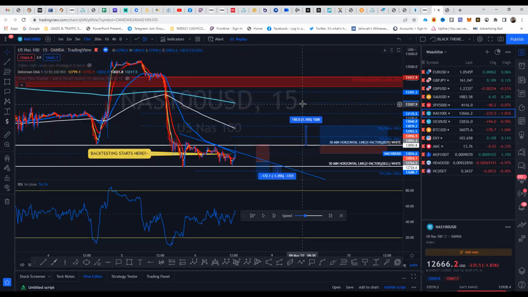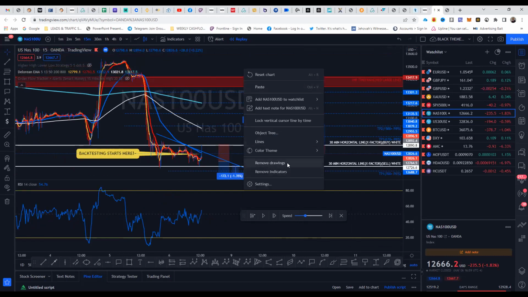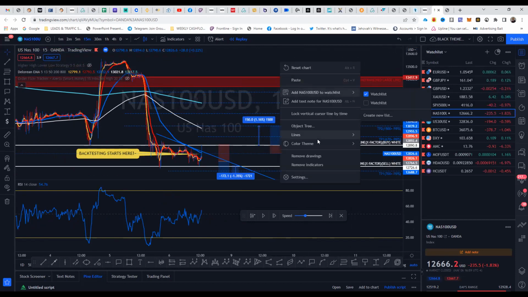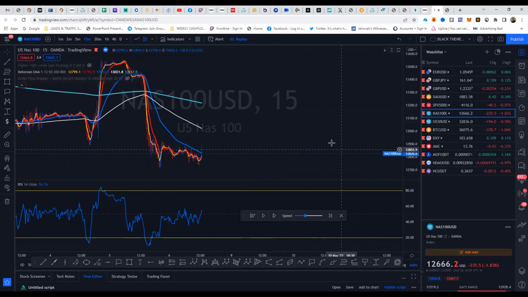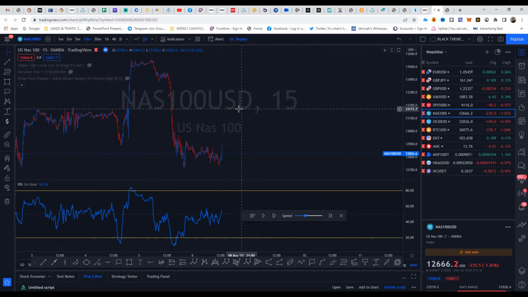What I'm going to do is erase everything that I've drawn up, and I'm going to show you how I marked up my chart and how I got to that point.